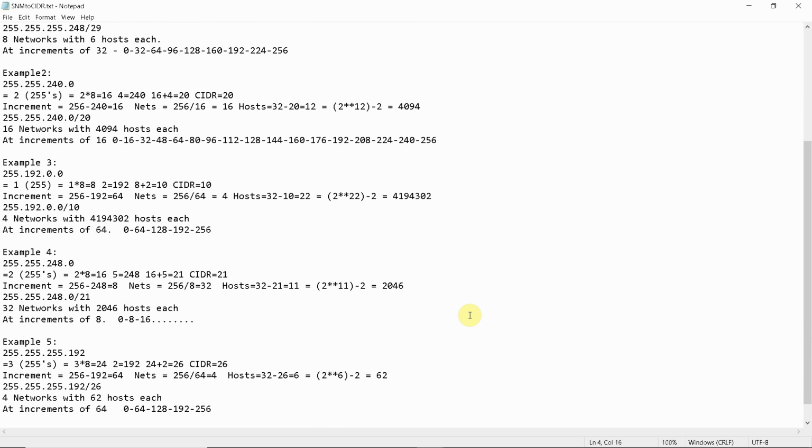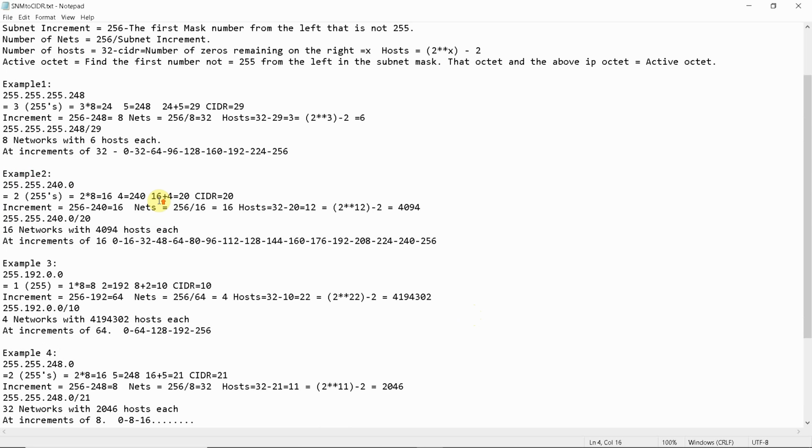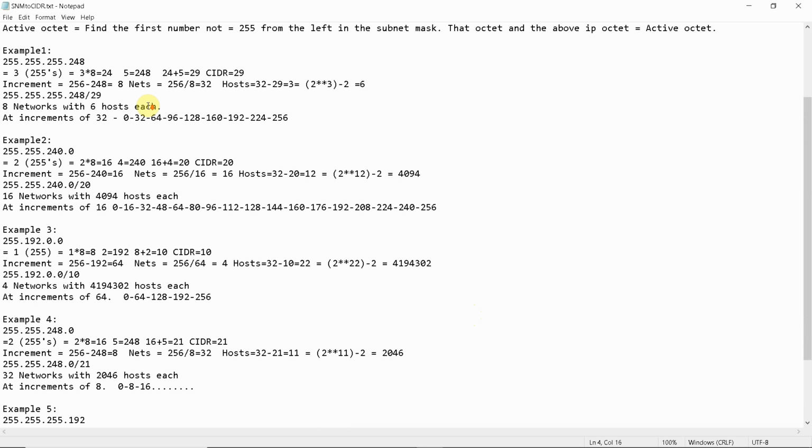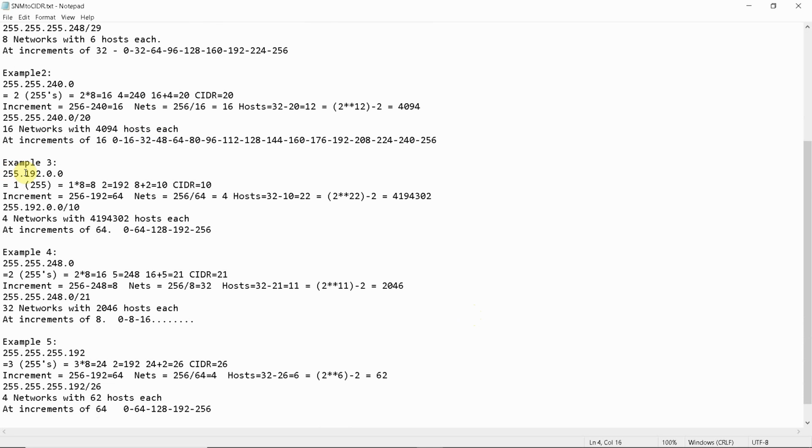Quickly, down to example 3. Here we have 8 plus 192. What is 192? It's 2. So this one is one of those weird ones. It's going to be 10. It's right there. You can still find the increment because you have the subnet mask already, which you need to find everything else.